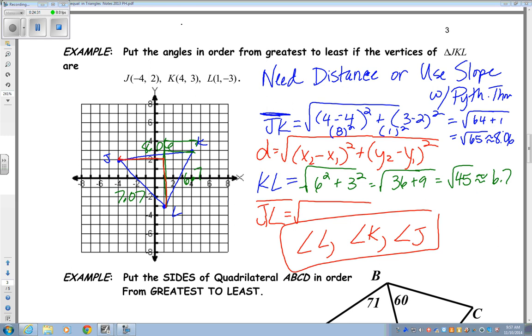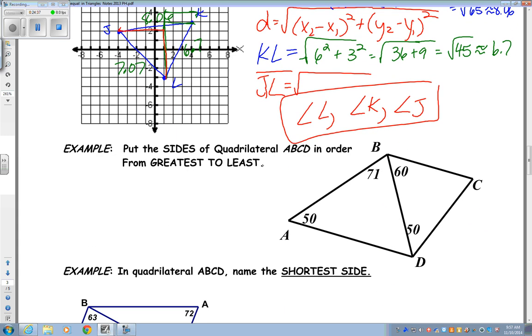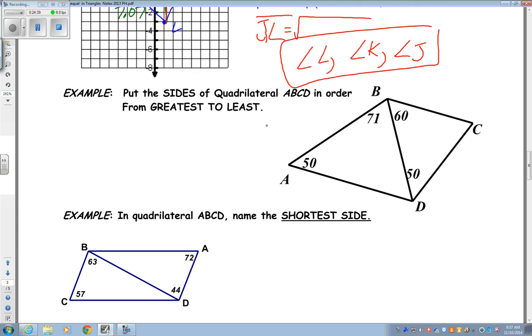Okay? Alright, now, I'm hoping y'all see the relationship, because now comes some problem solving. Go ahead and star this example and this next one. I'm going to let you see if you can put the sides in order from greatest to least, but we're talking about the quadrilateral for this problem.